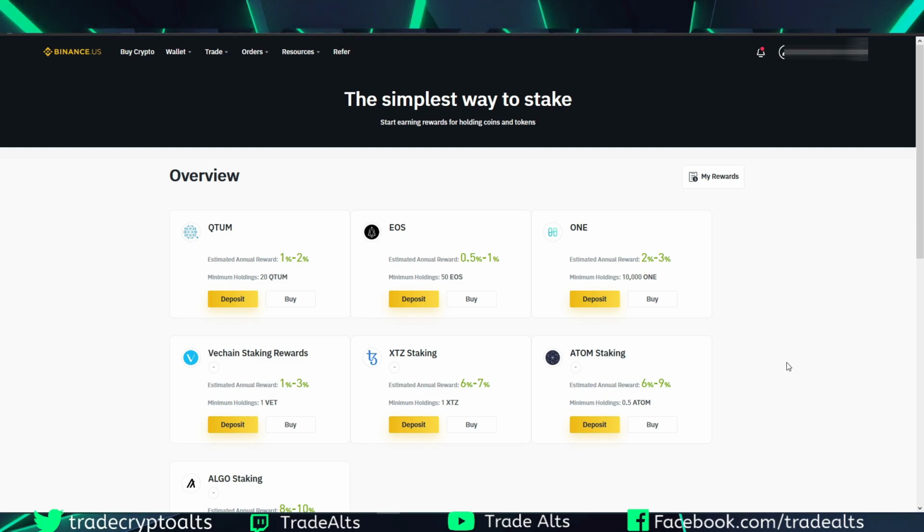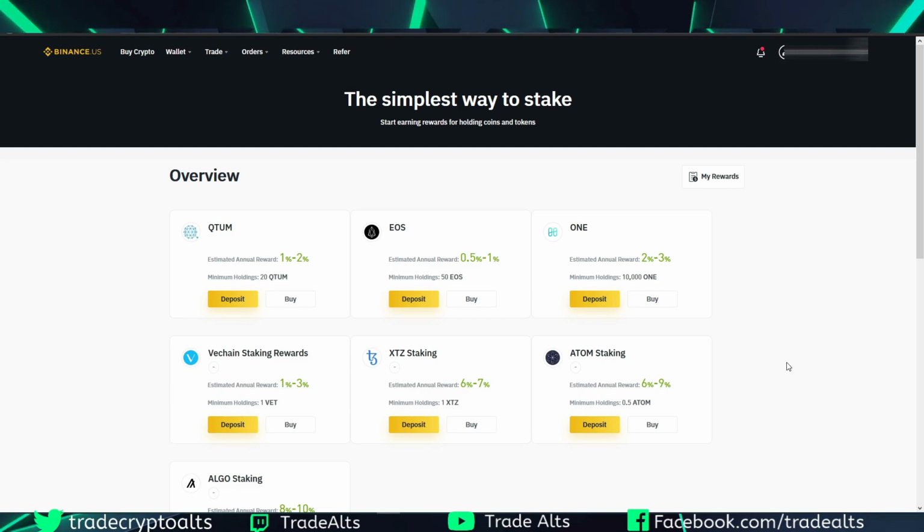So for instance, Qtum, you get 1 to 2% a year. It's not much, but the minimum holding is 20 Qtum. Over time, you could build that up pretty easily. EOS, 0.5% to 1%. Harmony, 2 to 3%.